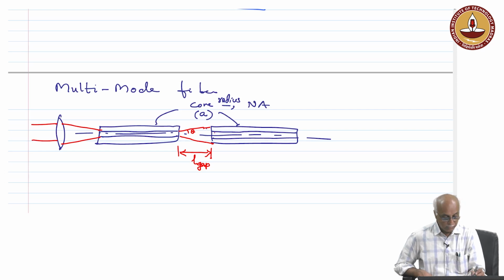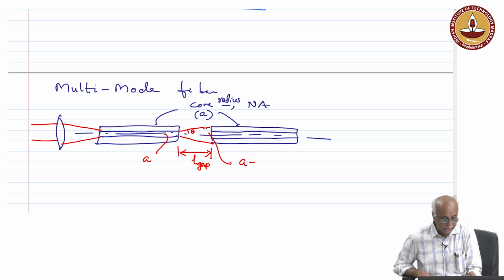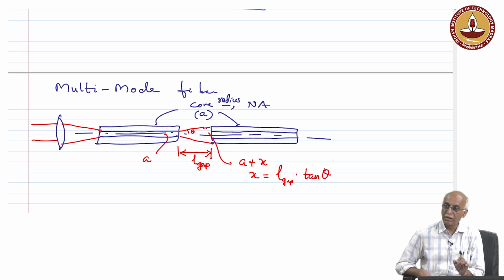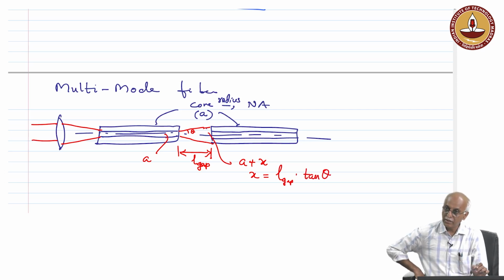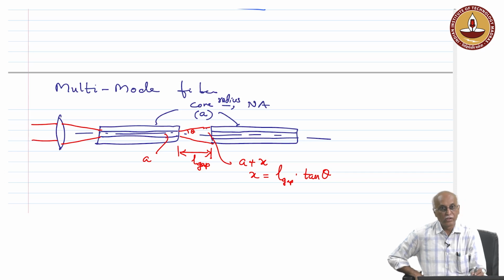That means if this is the core, with core radius a, then the beam size over here will be a plus x, where x is equal to L gap tan theta, approximately, correct? It is a very small size.